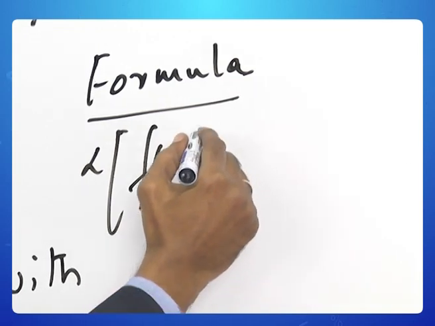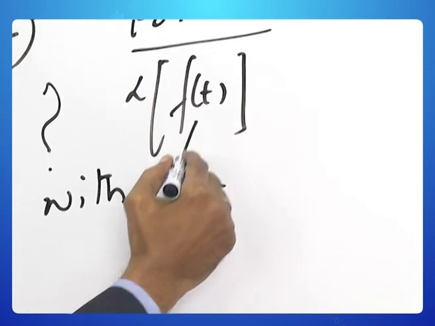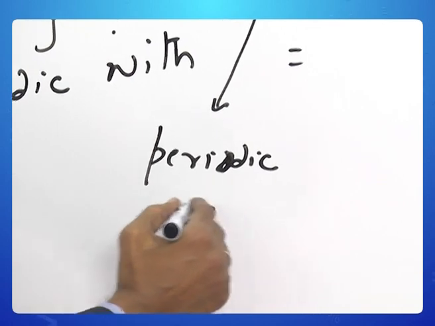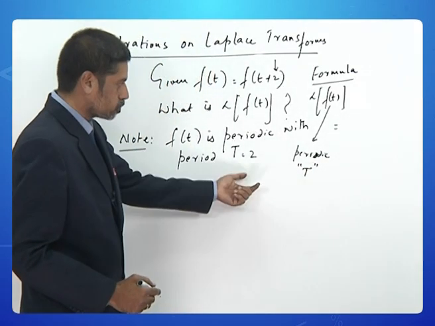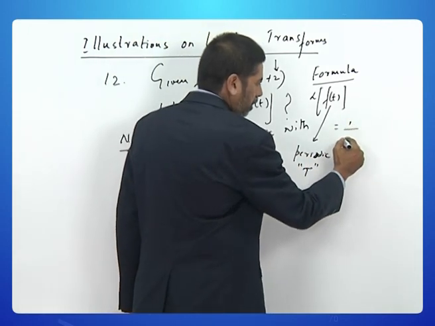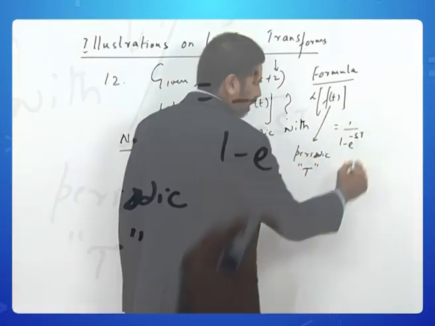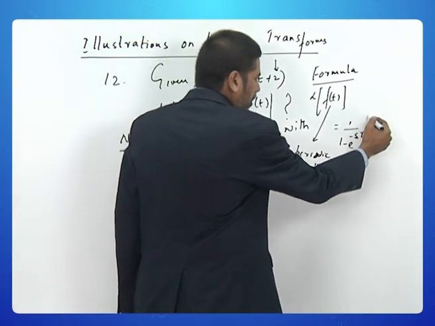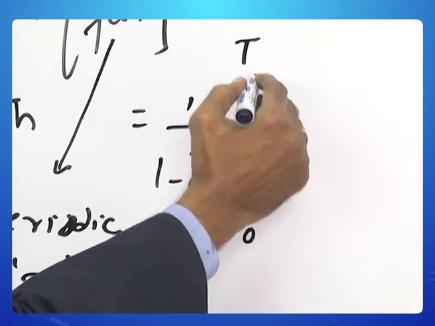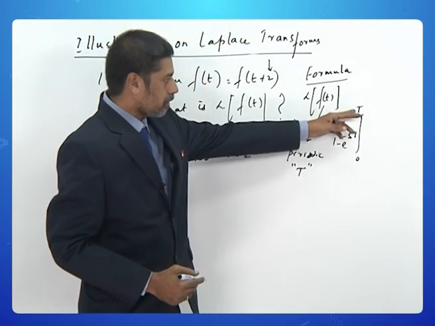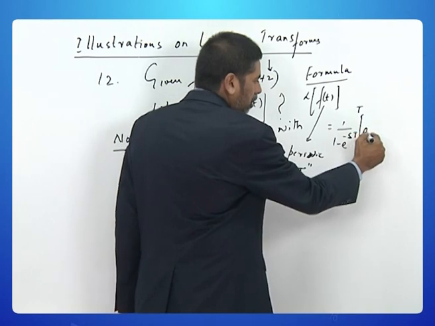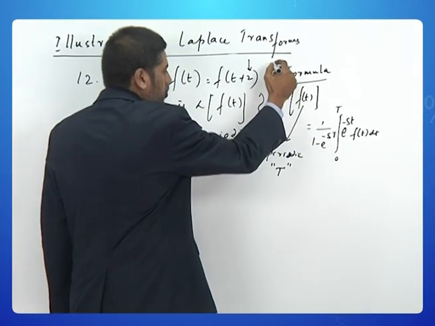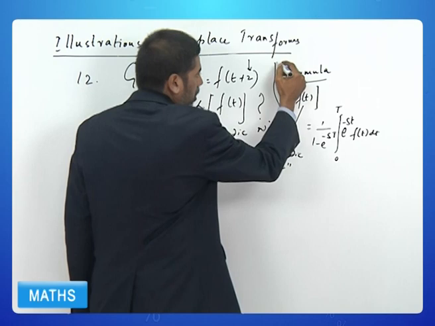The Laplace transform of f of t, of course, f of t should be periodic with period capital T, in this case 2, is 1 by 1 minus e power minus sT. Please observe it is not small t but capital T, integral 0 to capital T, again that's a very important thing to remember, not infinity, e power minus st into f of t dt. So, this is a formula.